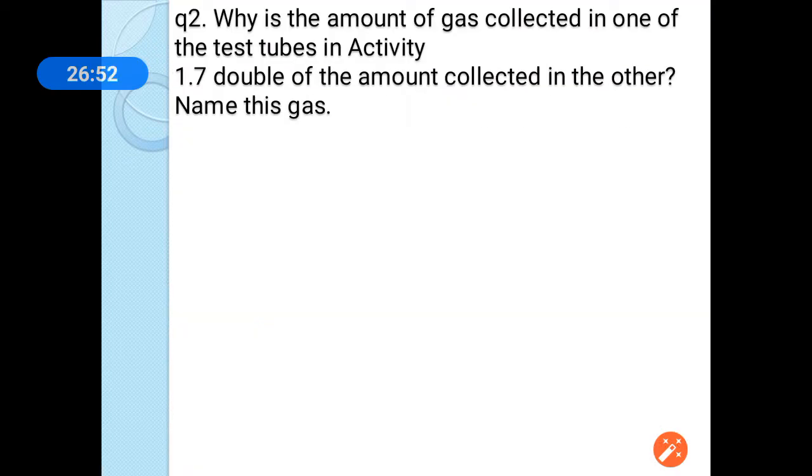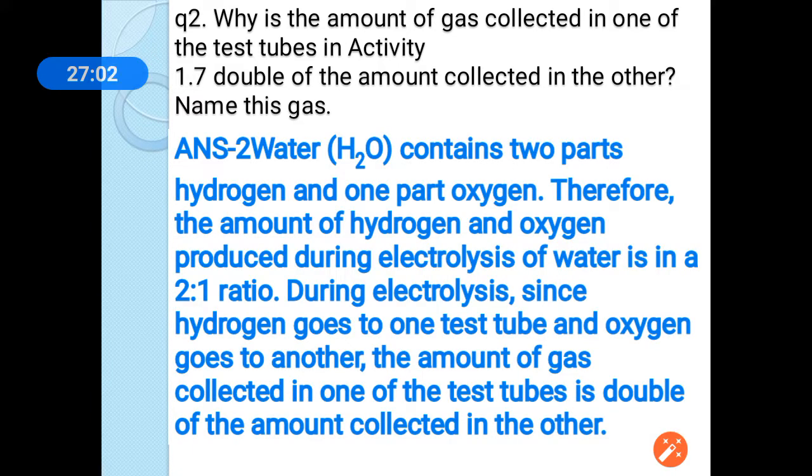Second question is, why is the amount of gas collected in one of the test tubes double in the activity? Activity 1.7 means the electrolysis of water. And name that gas. So the reason being, as we have already discussed, water contains two parts hydrogen and one part oxygen, as per its chemical equation which we discussed.